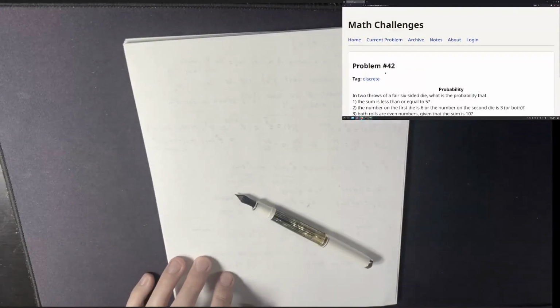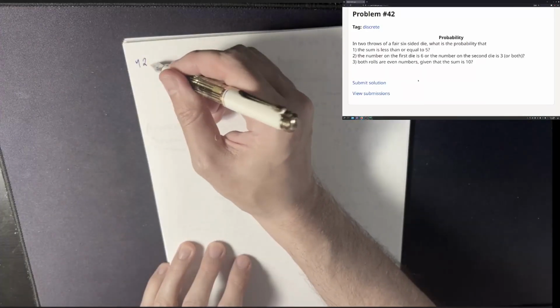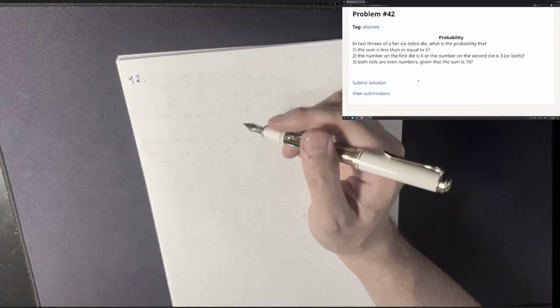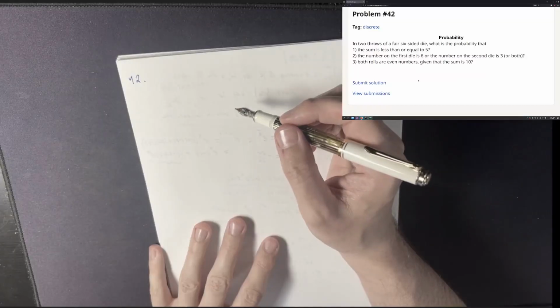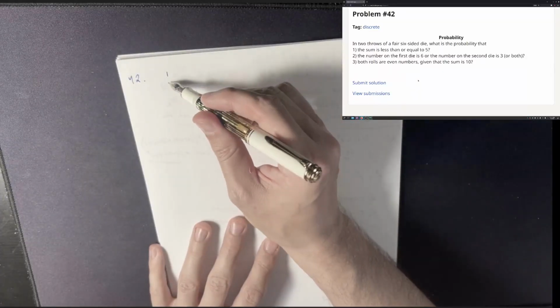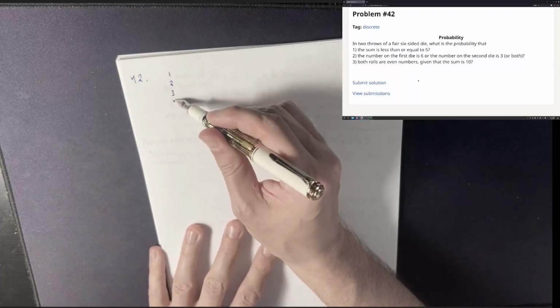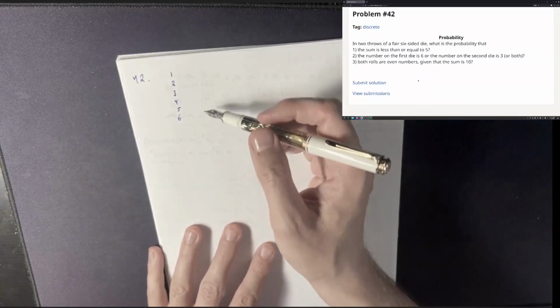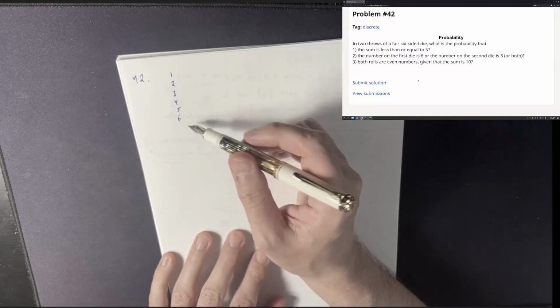All right, 42. It's a probability question. You got two 6-sided dice. What's the probability that the sum is less than or equal to 5? Usually, you get a little lucky when they talk about a pair of dice, because that's a nice two-dimensional thing.